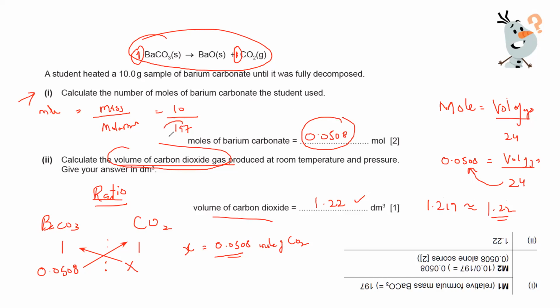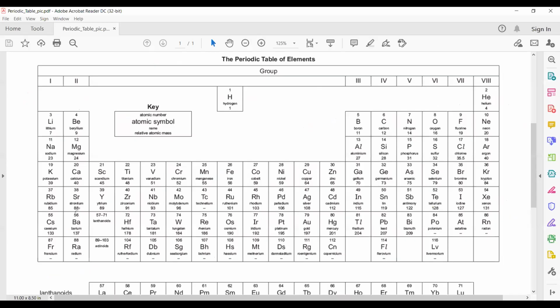How did we get this 197? It is barium carbonate. So for barium carbonate, you have to use a periodic table to get the molar mass. As you can see in the periodic table, we are finding the mass of barium carbonate. The molar mass means molecular mass here. So barium, when you check, is 137.